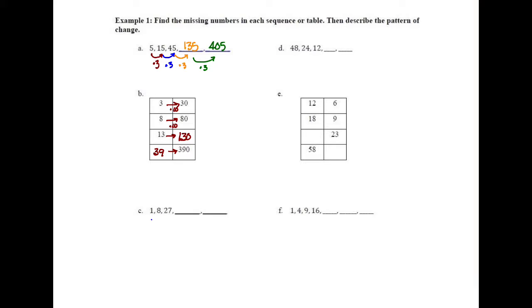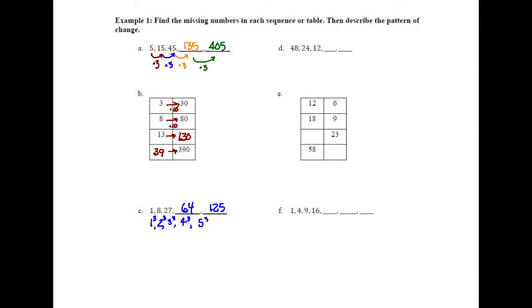So like this first one is 1 cubed, 8 is 2 cubed, 27 is 3 cubed. So understanding cubes and being able to recognize them is going to be very helpful. So we want to do 4 cubed and then 5 cubed. 4 cubed is 64, 5 cubed is 125.